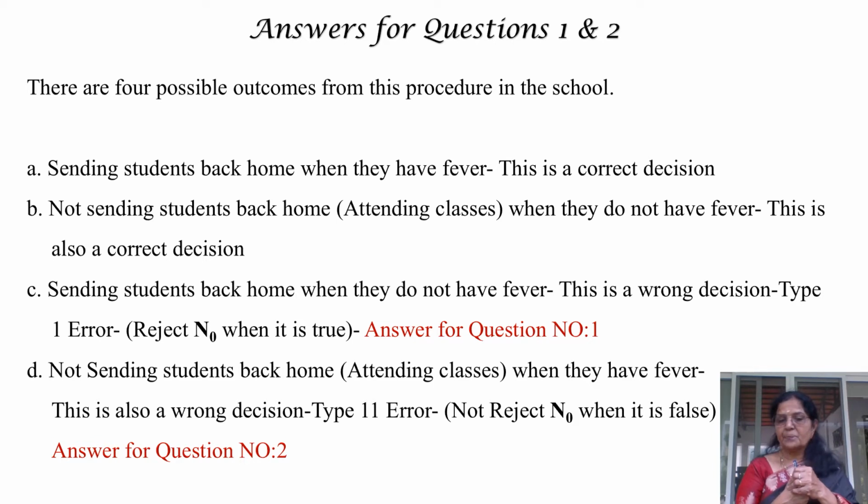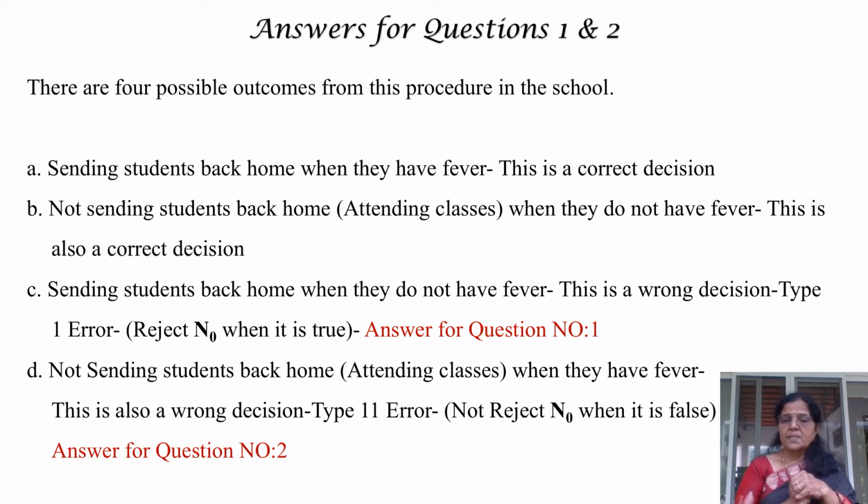What is it? Not rejecting the null hypothesis when it is false. So our null hypothesis is false here. That he doesn't have fever is false here. He is having fever. But you are not sending him back home. So you are not rejecting the null hypothesis. So this is a type 2 error.